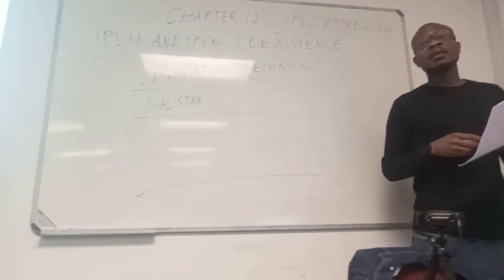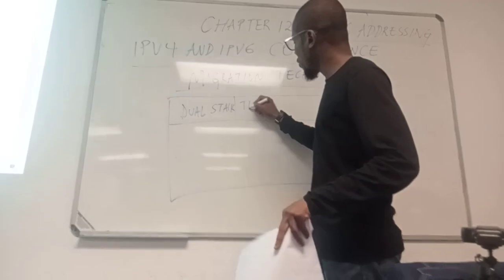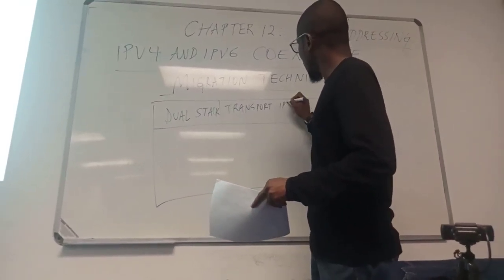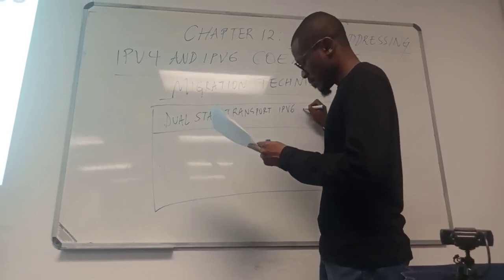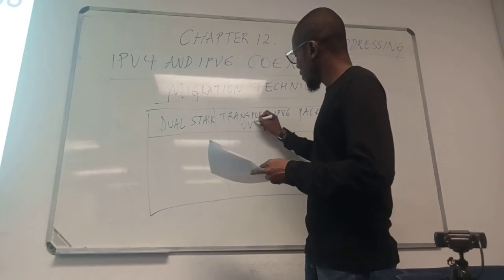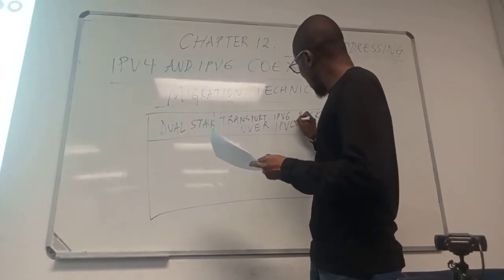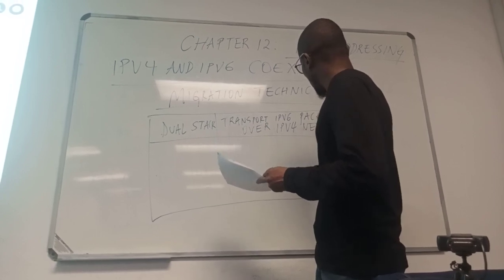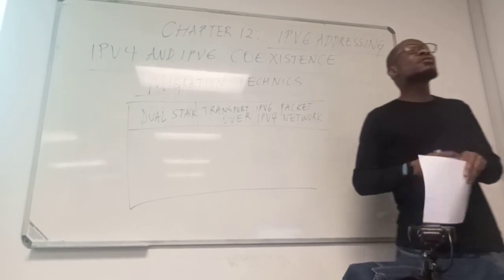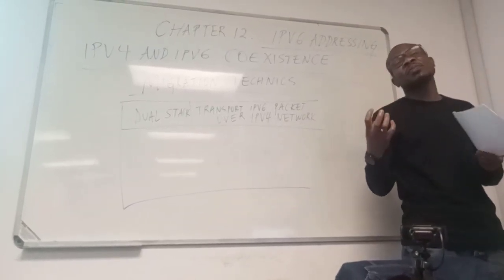Dual stack means that you are going to transport IPv6 packets over an IPv4 network. There are different methods that you can use in order to combine those two IPs.